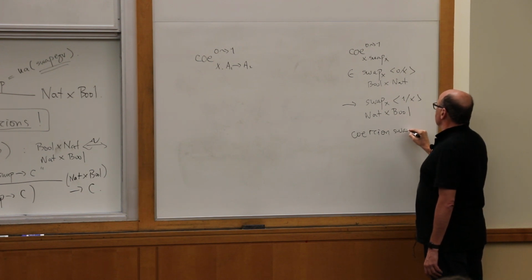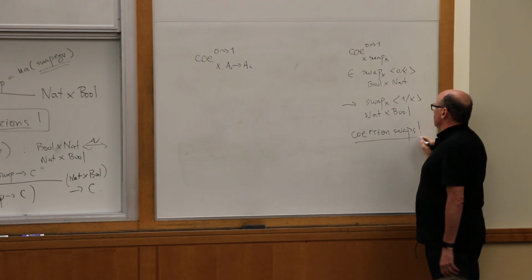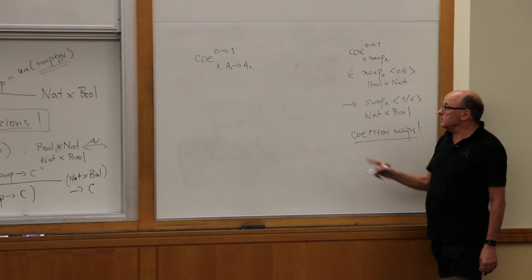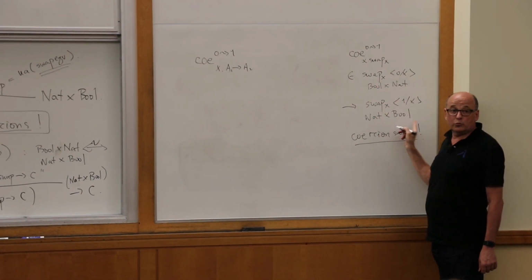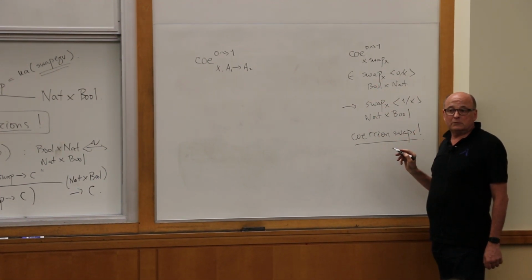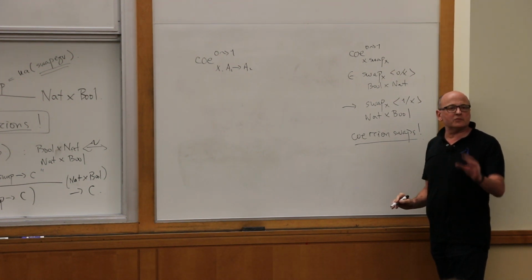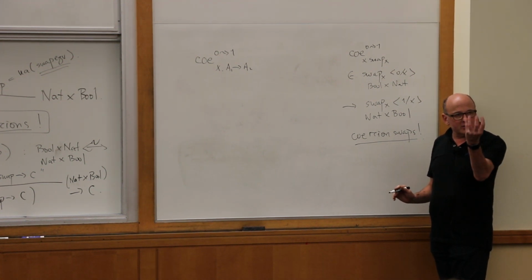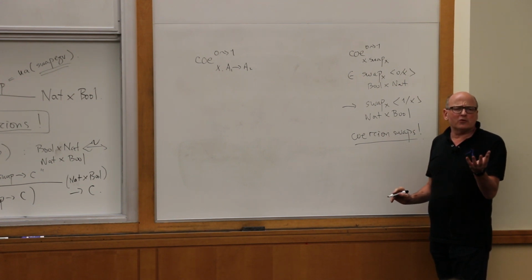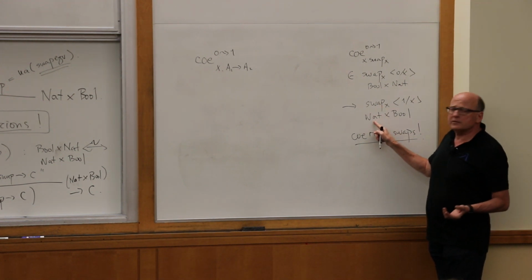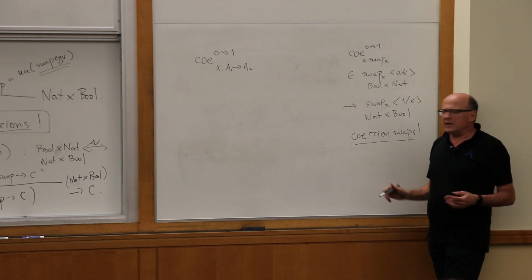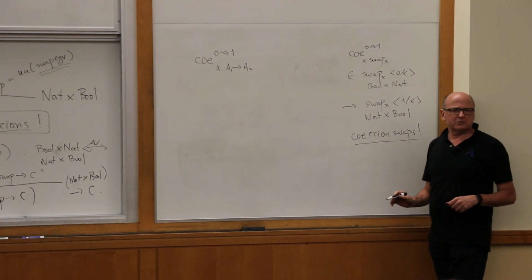Of course, that's why I called it swap. So the coercion is going to go from bool cross nat to nat cross bool in the evident way. There are lots of evident ways. It all depends on how I define swap equiv. With that little package swap equiv, I could come up with some crazy things. For example, I could decide perversely that along the way I also swap true and false.